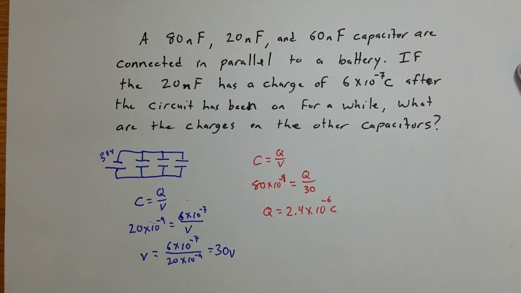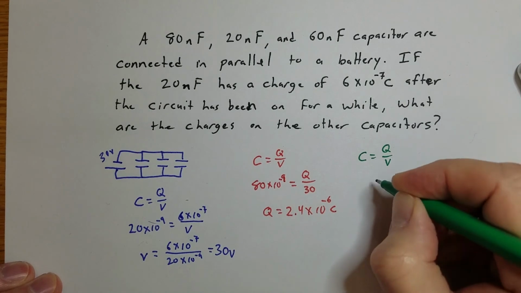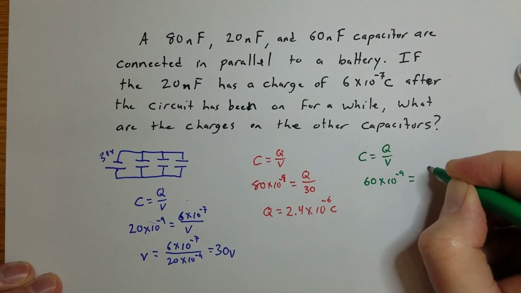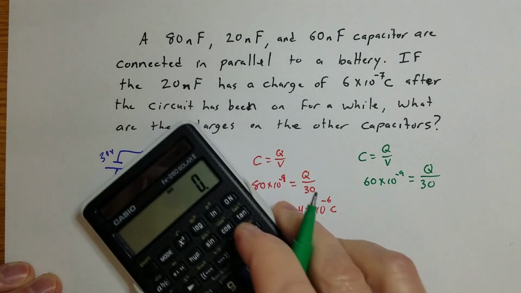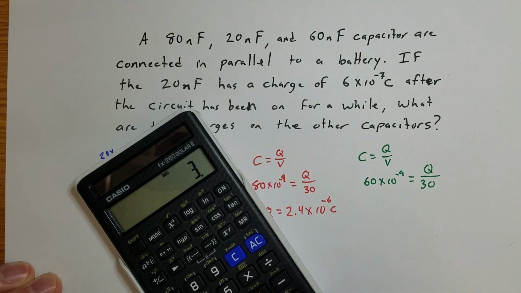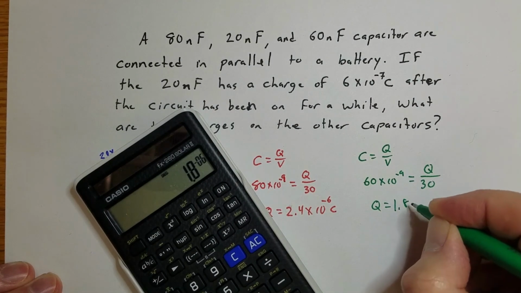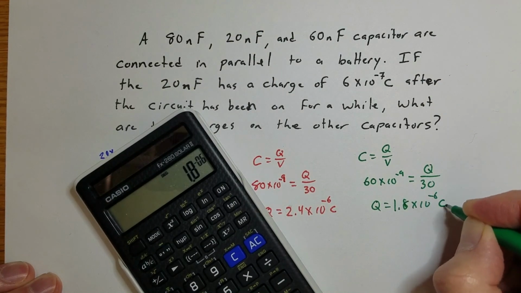And the last one, C equals Q over V. 60 times 10 to the minus 9. Charge we don't know. Voltage is still 30 volts. Charge on this one is 1.8 times 10 to the minus 6 coulombs.